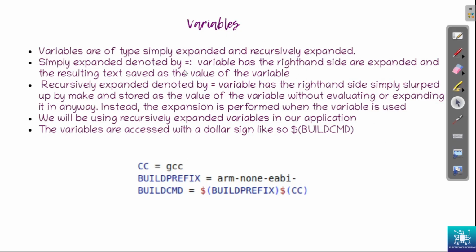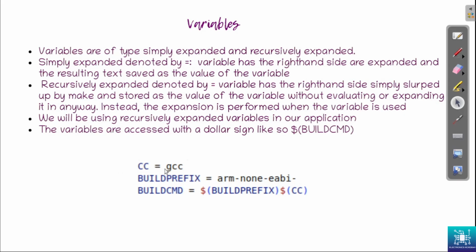So here, in the simply expanded case, when you declare the variable, at that time itself make assigns the value of the variable. Here, in the recursively expanded case, when you declare the variable, it just accepts it and uses the value when it is using the variable, not before that. Okay. We will be using recursively expanded variables in our application, and the variables are accessed with a $ sign. So you can declare variables like this: CC equal to gcc, suppose.